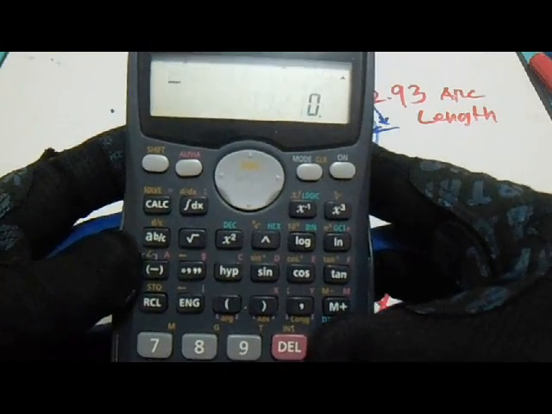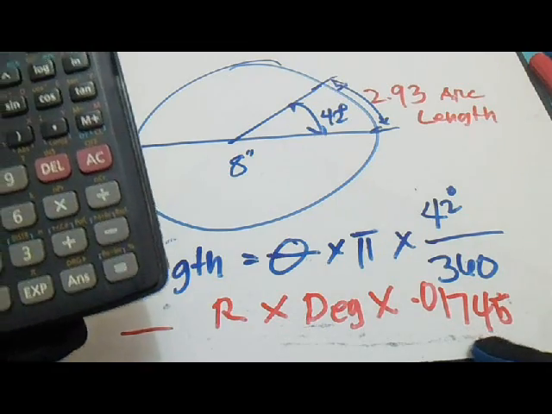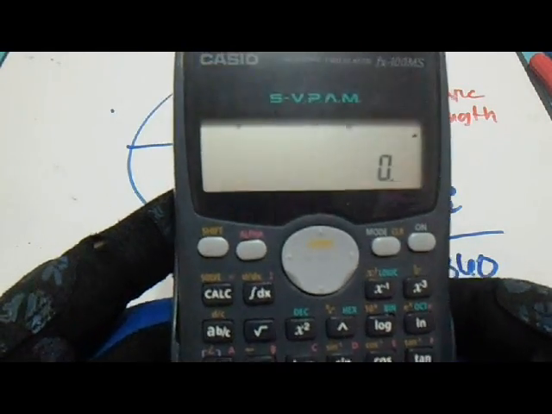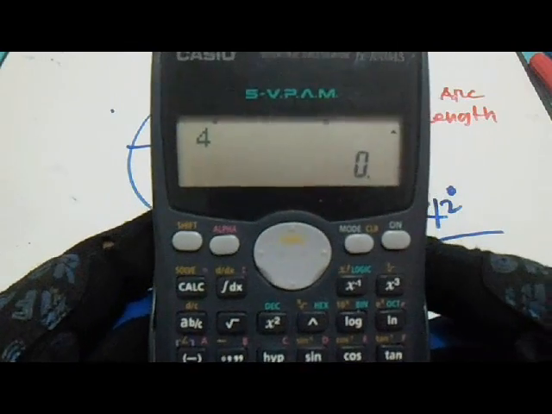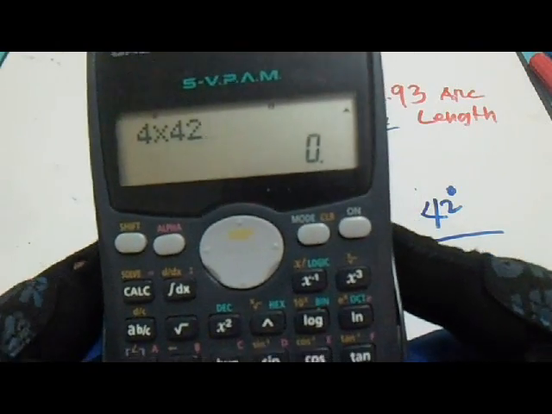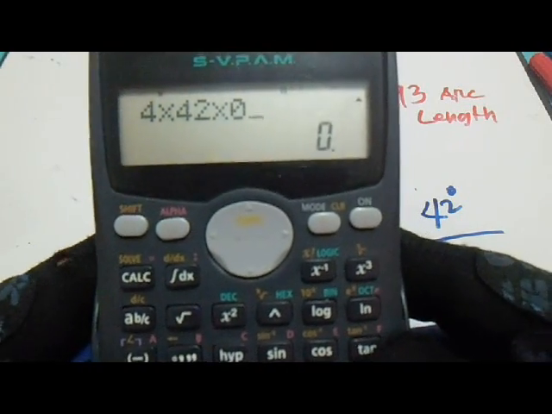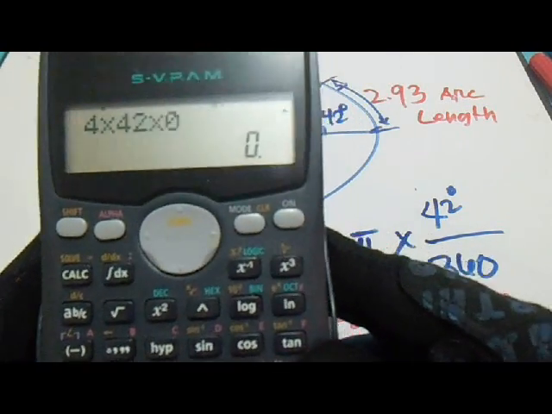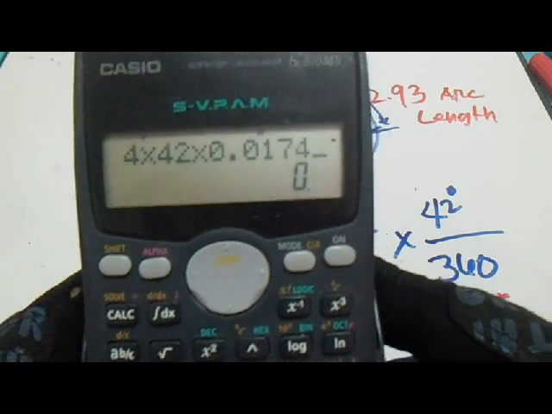Let's try it. For this formula, radius times degrees and times 0.01745. Okay, so our diameter is 8 inch, so our radius is 4. So 4 multiply it to degrees. Our degrees is 42 degrees, multiply it to 0.01745.